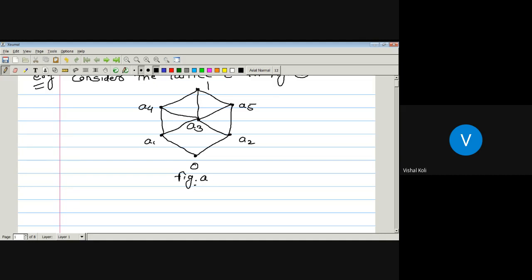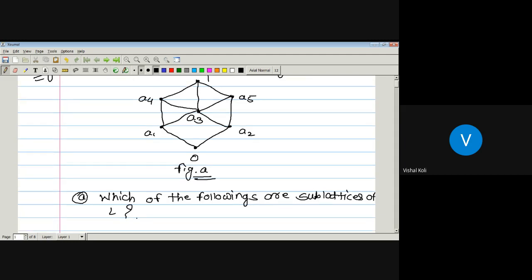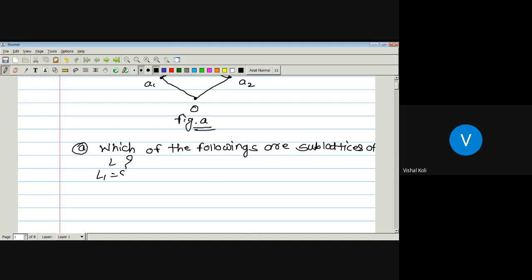Okay, so this will be figure A, and from that we have to check first which of the following are sublattices of a lattice L. In that, L1 is given as 0, A1, A2, 1.